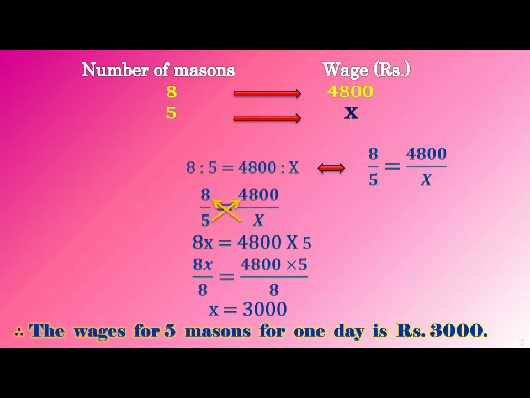As fractions, 8 over 5 equals 4,800 over x. Using cross multiplication, we can write it as 8x is equal to 4,800 into 5. Divide both sides by 8. Then the answer is x equals 3,000. Therefore, the wages for 5 masons for one day is 3,000 rupees.